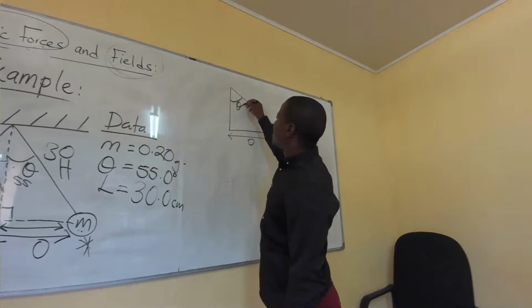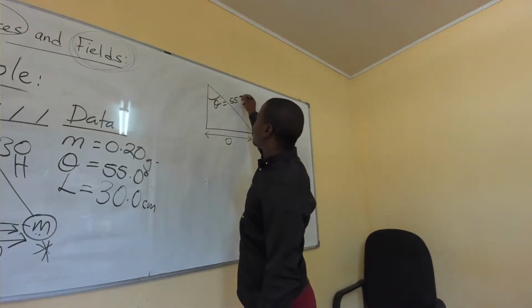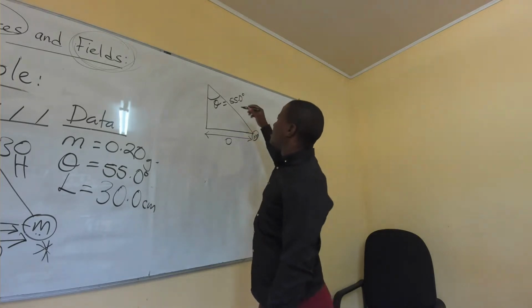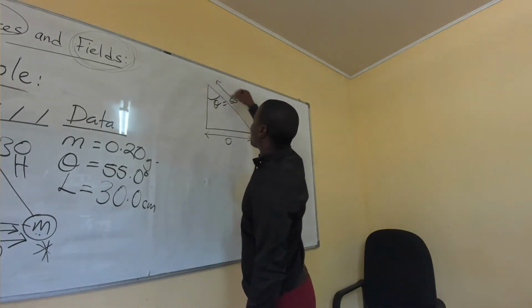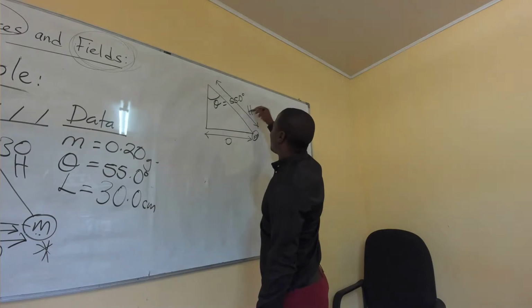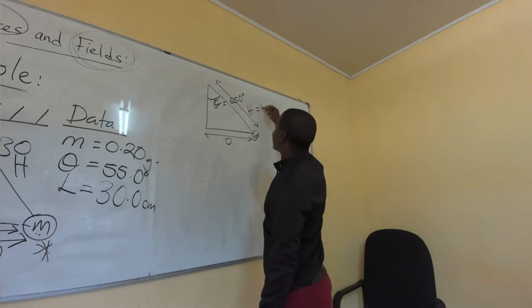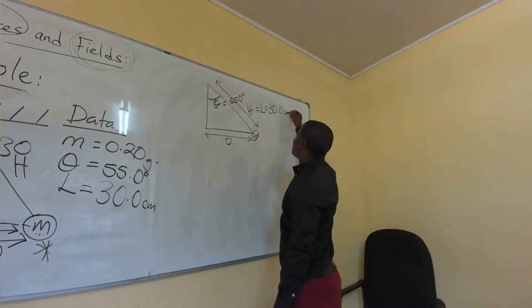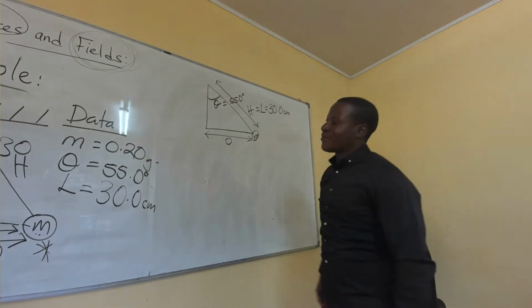This is our theta, which is equal to 55.0 degrees. And this from here up to here is our hypotenuse, which is the same as L, which is 80.0 centimeters.